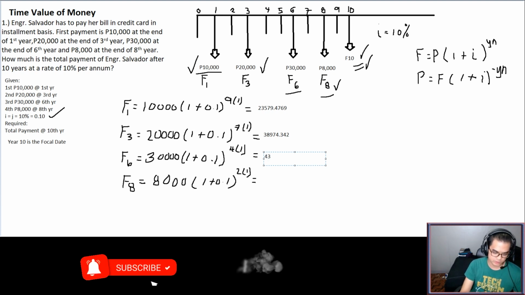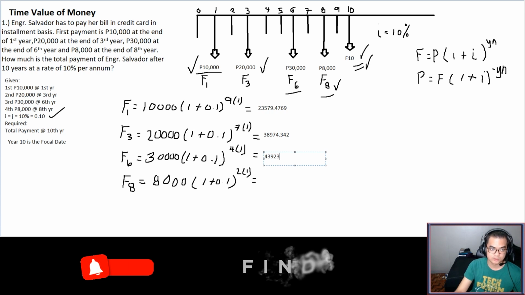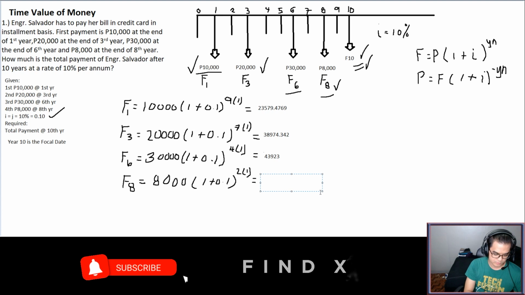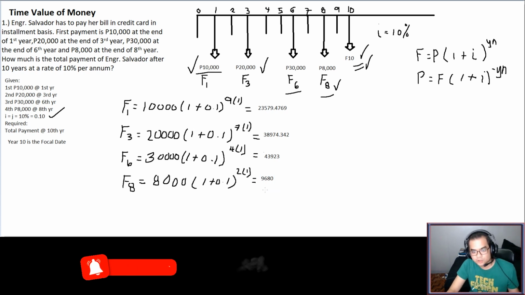So this is 43,923. Okay, and then for the last one, we have 8,000 times 1.1 raised to 2. We have 9,680. Okay, so those are the answers.